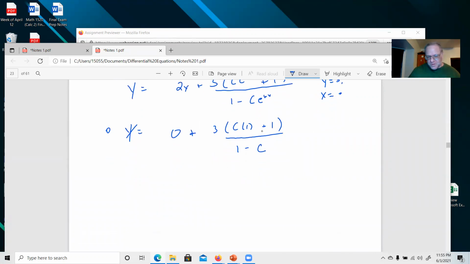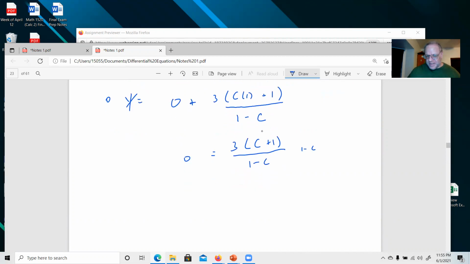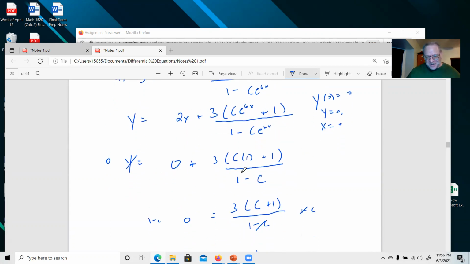Okay, so we have (3c plus 3) over (1 minus c) is equal to 0. Multiplying both sides by the 1 minus c, so that flushes. Okay, that's out. 0 is equal to 3c plus 3. Actually, we could divide both sides by 3, couldn't we? We could. So it's just going to be 1. Put the 1 on the other side. We have c is equal to negative 1. All of that. Okay.